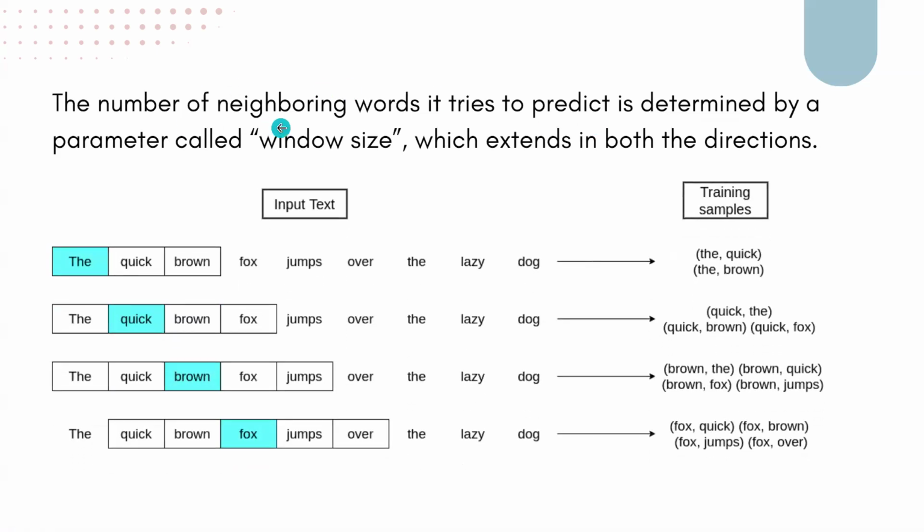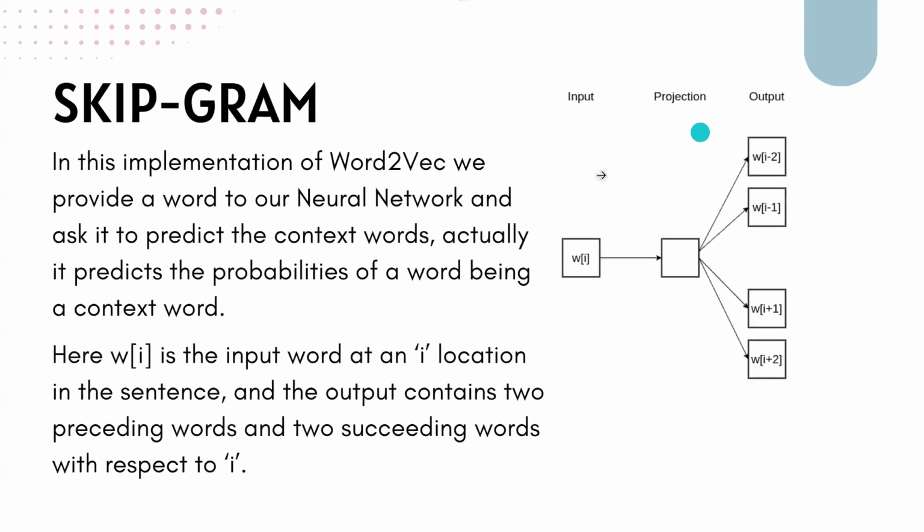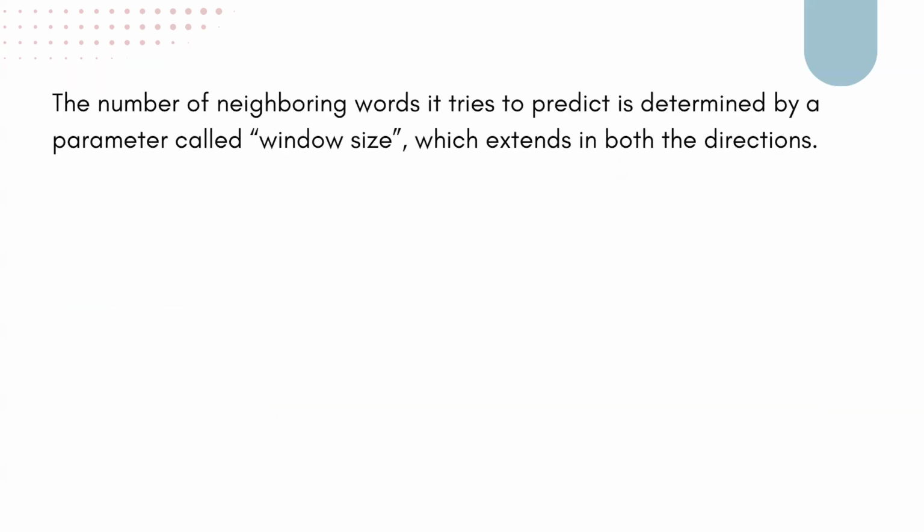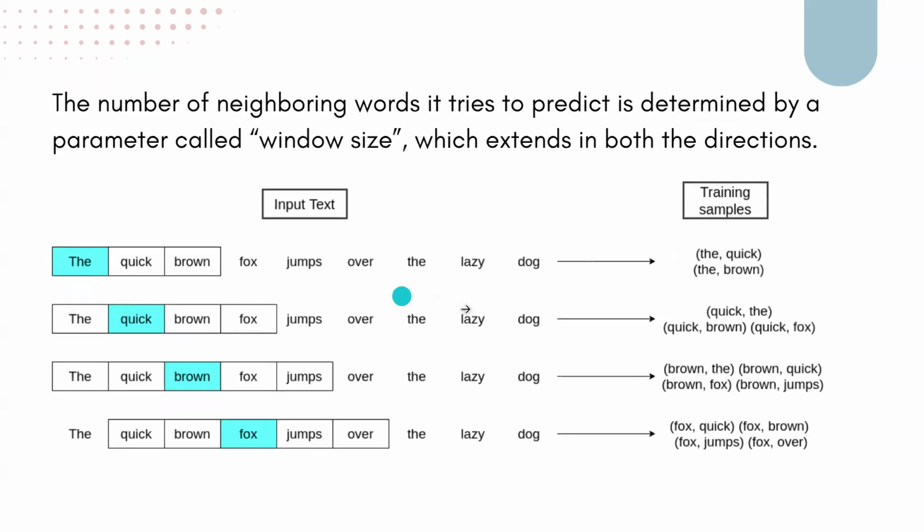So the number of neighboring words that we are trying to predict in this figure depends on the window. Suppose we take a window size of 2, then we are going to look for two words on the right and two words on the left.